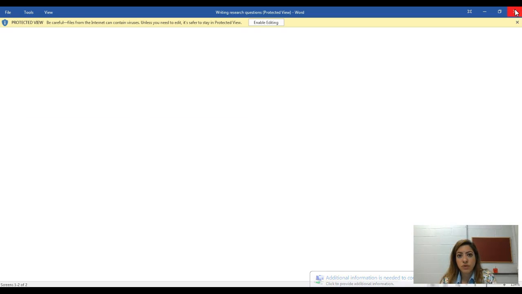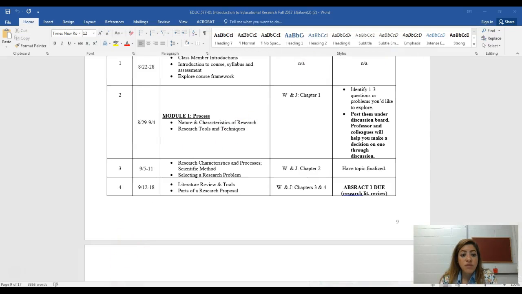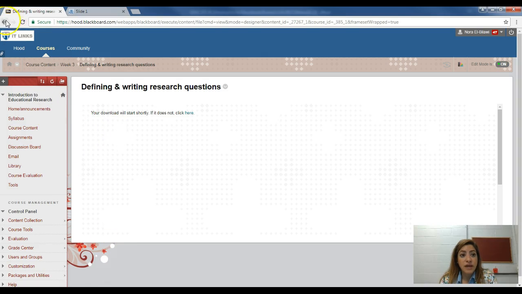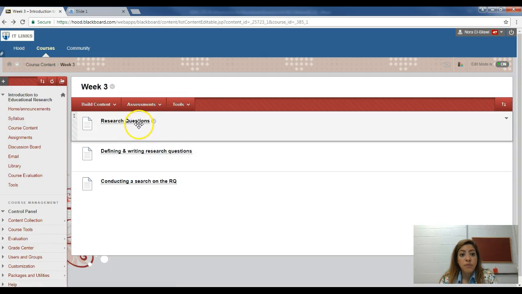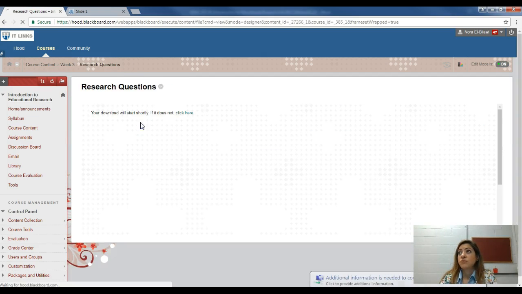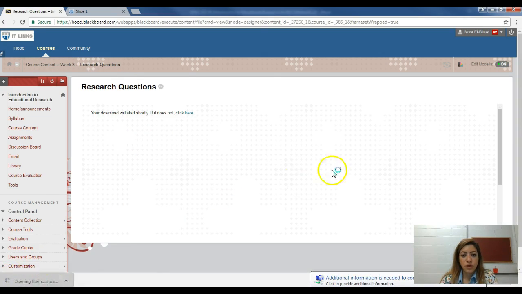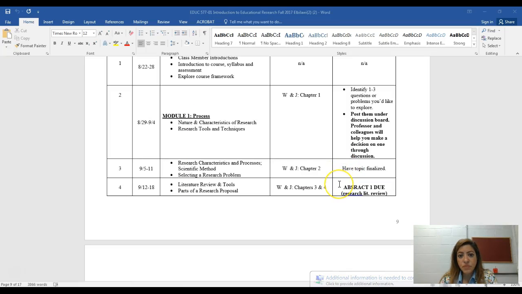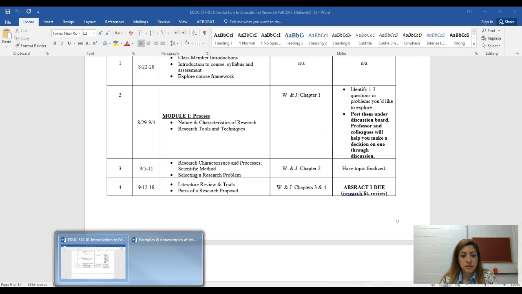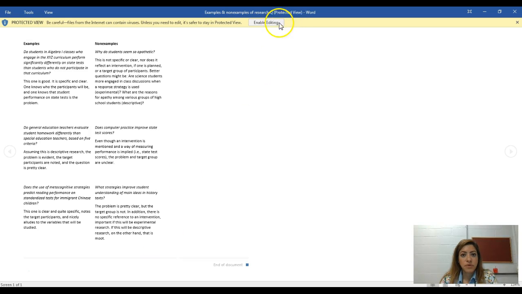Now, the other thing that I wanted you to look at is, what is an example of a good research question, and what is not an example of a research question. Here you have this document. If it opens, here we go.